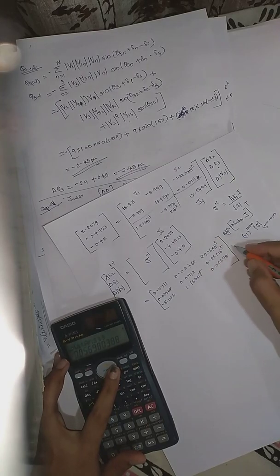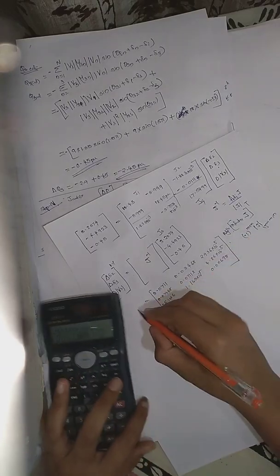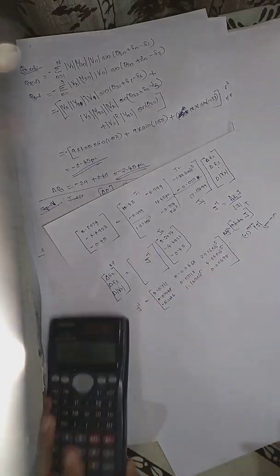So this is the J inverse value I got from my calculator.